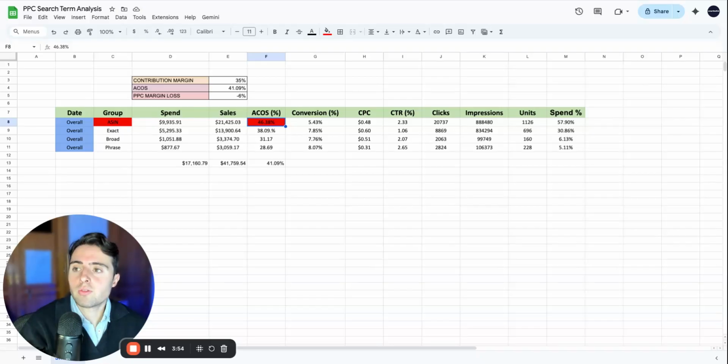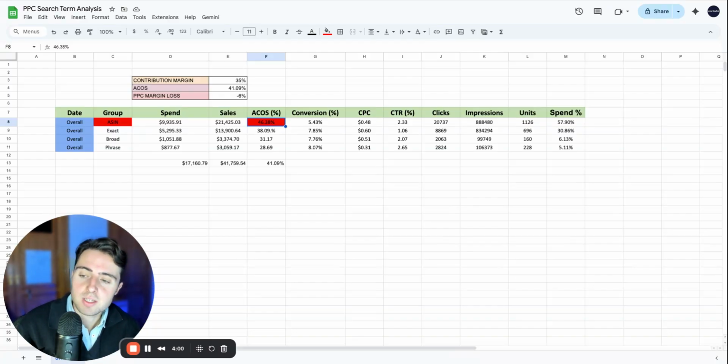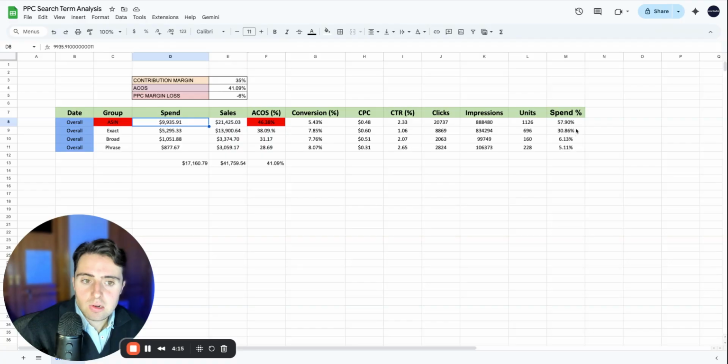It won't provide you a lot of leverage on the organic ranking. It's true, it gives leverage on the BSR and the best selling rank, and that helps everything. But we don't think it's as important as exact, broad, or phrase. So in this case, they're overspending. They have a lot of spend there. They're losing money on it.